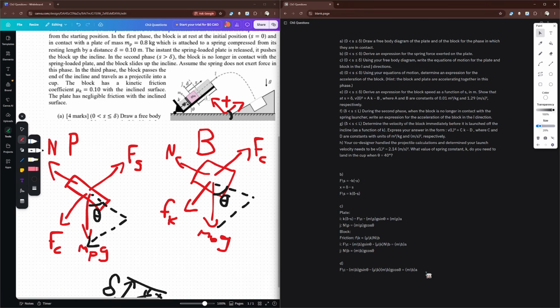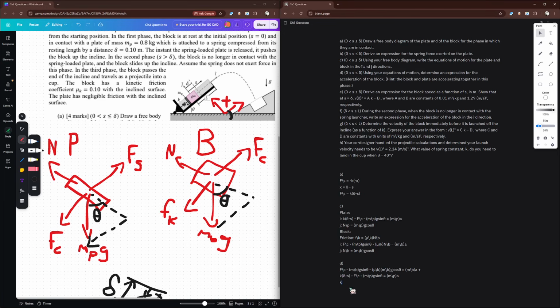What does that mean? It means we can add the terms together. So we're going to take this equation right here and add these two. When you add them, we have positive Fc here and negative Fc here. Not F of c, because that would make it a function. Those cancel out.